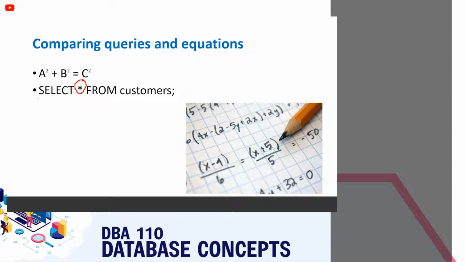So when we look at select star or select whatever, our select statement is basically the result of our equation. So we can compare that almost directly to what we're getting as our result. Our select is what we're getting as our result.